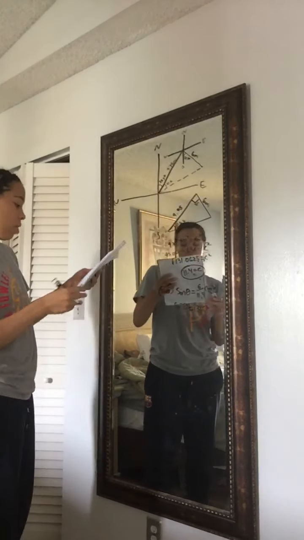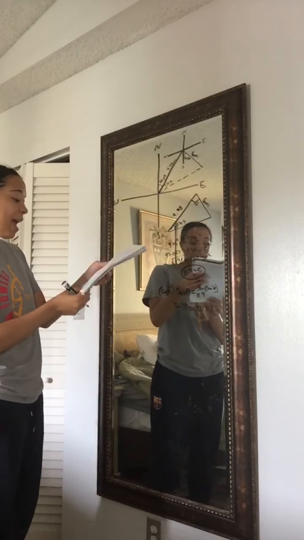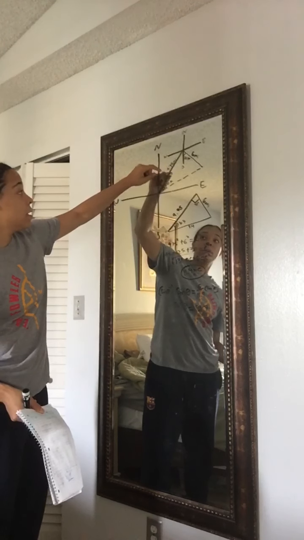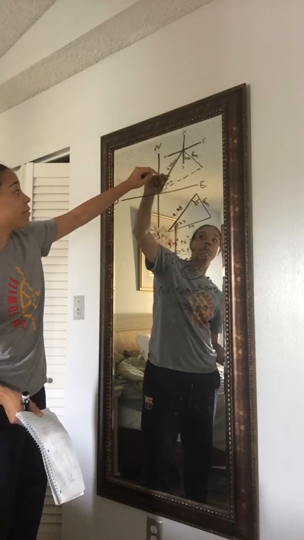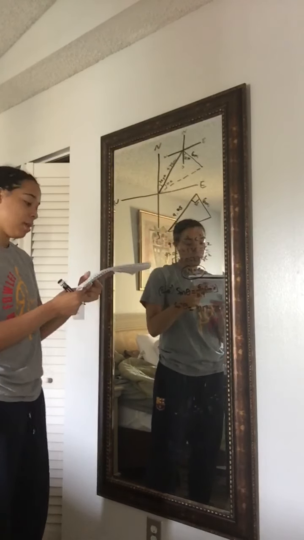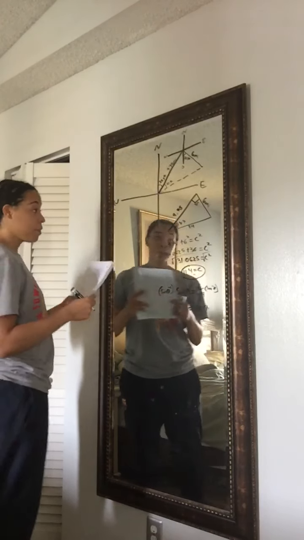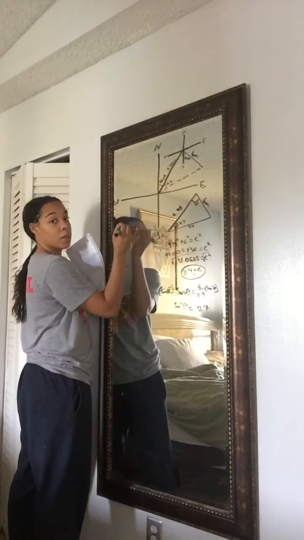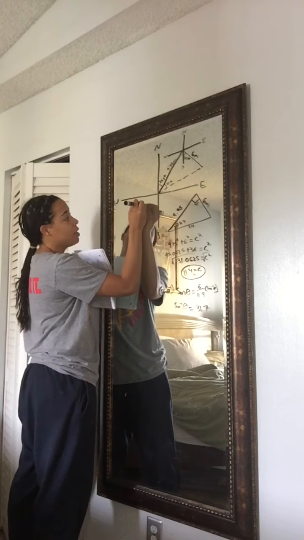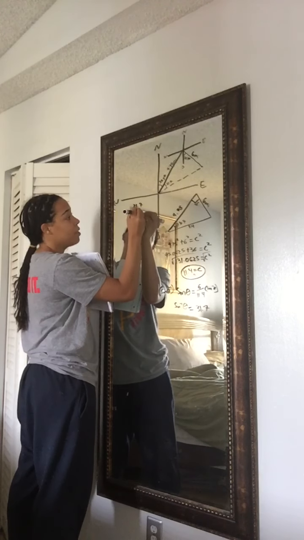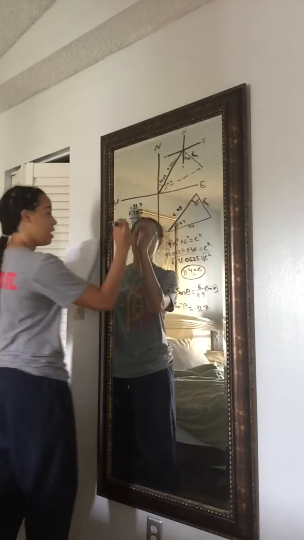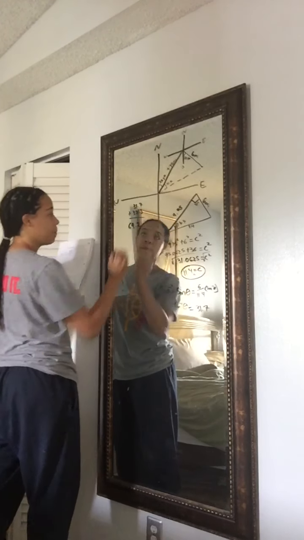Now, our next step is to add both angles: the northeast 37.5 to our new theta, which was 31.7. We add that, so I'll do it here: 31.7 plus 37.5 gives you 69.2.